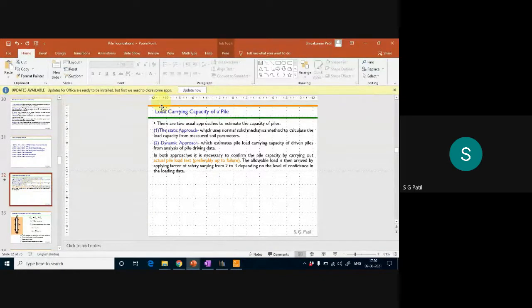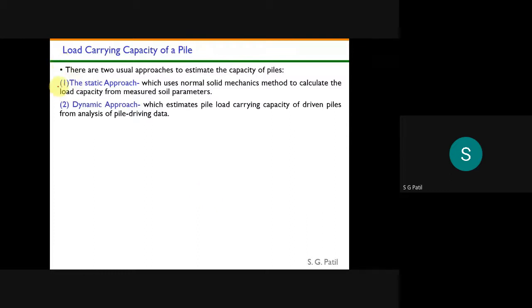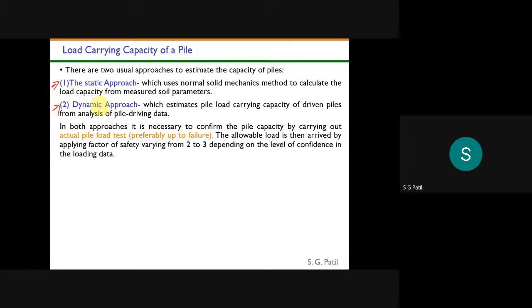We were discussing the load carrying capacity of a pile. We have two methods to calculate the load carrying capacity: one is called the static approach, and the other is called the dynamic approach. Once you calculate the load carrying capacity, either by the static approach or the dynamic approach, in reality you have to test certain piles in the field.